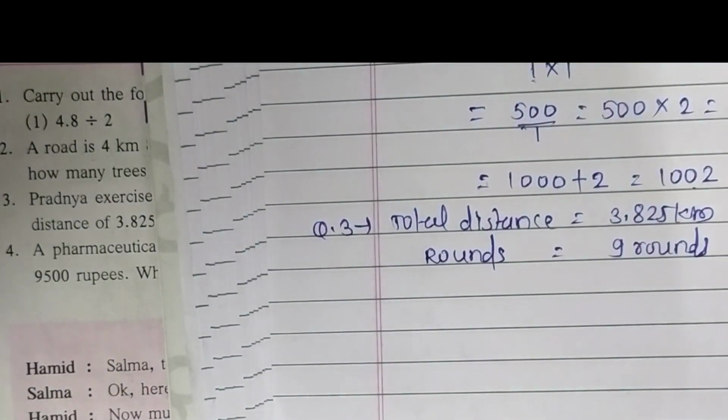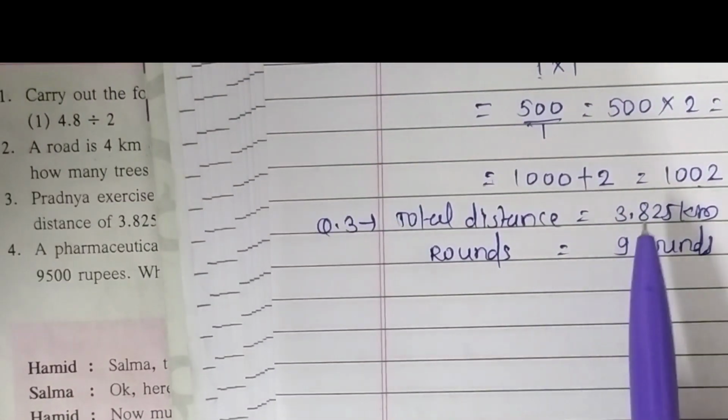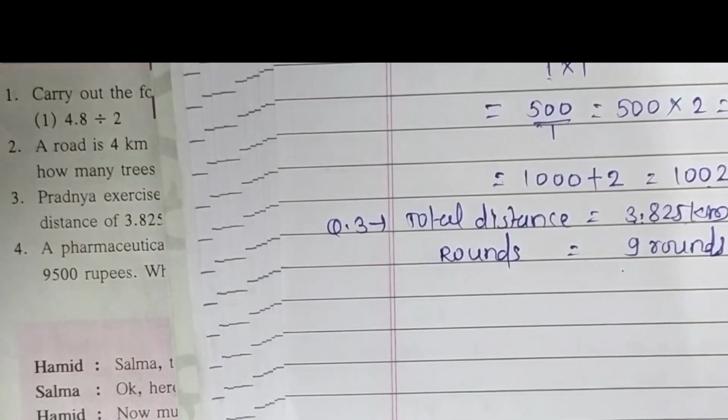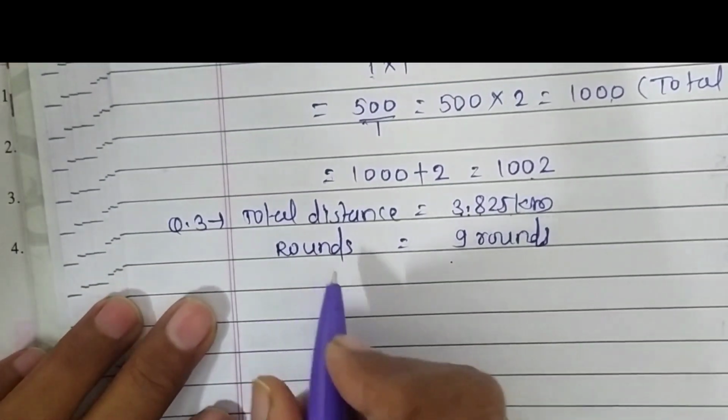So for finding our answer, we have to divide 3.825 by 9.